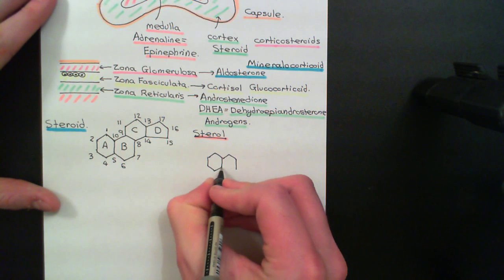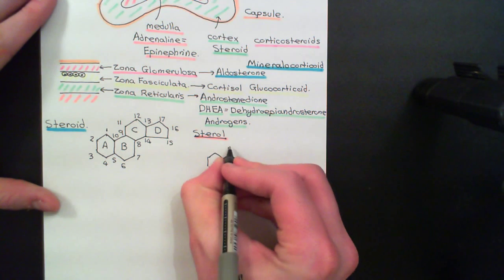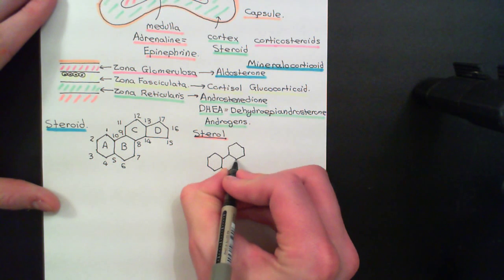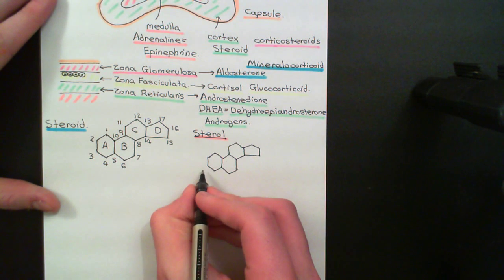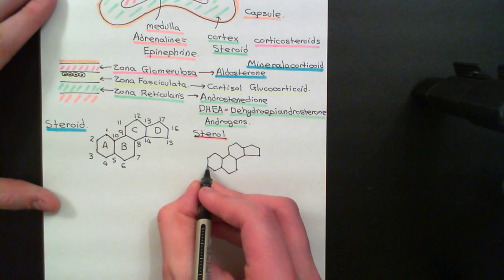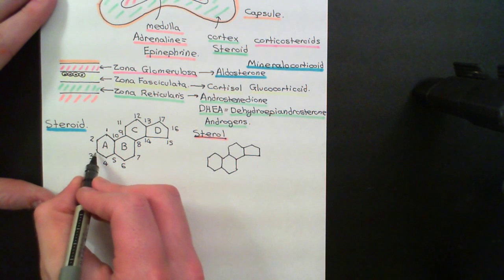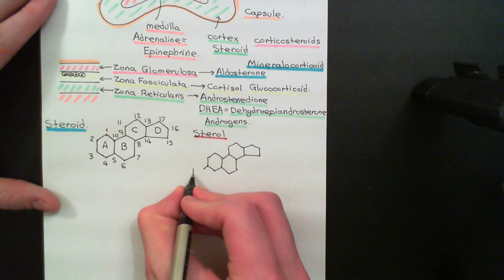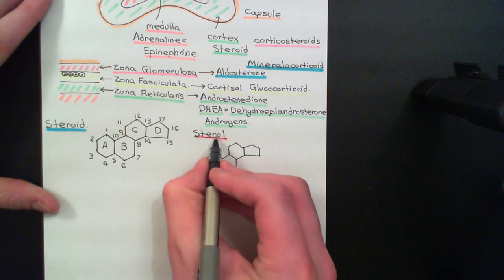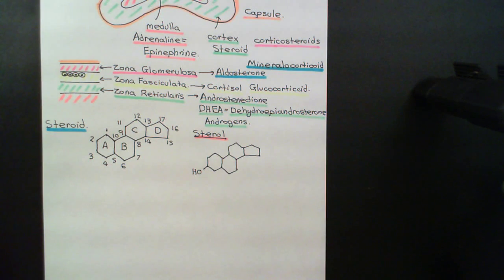So here is A ring, here is B ring, here is C ring here, and here is D ring here. But now the only change is that on carbon number 3, rather than having 2 hydrogens coming off it, as indeed we had here, we're going to take one of those hydrogens off and replace it with an alcohol group. So ol means alcohol generally, and indeed it does here.